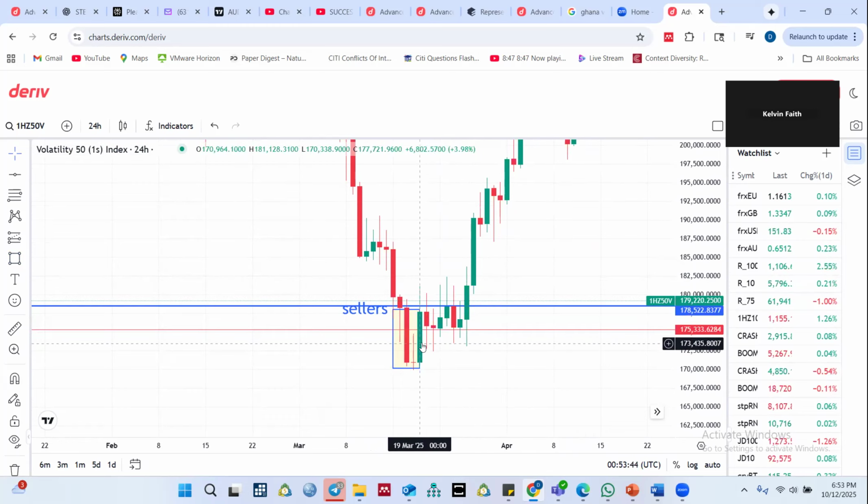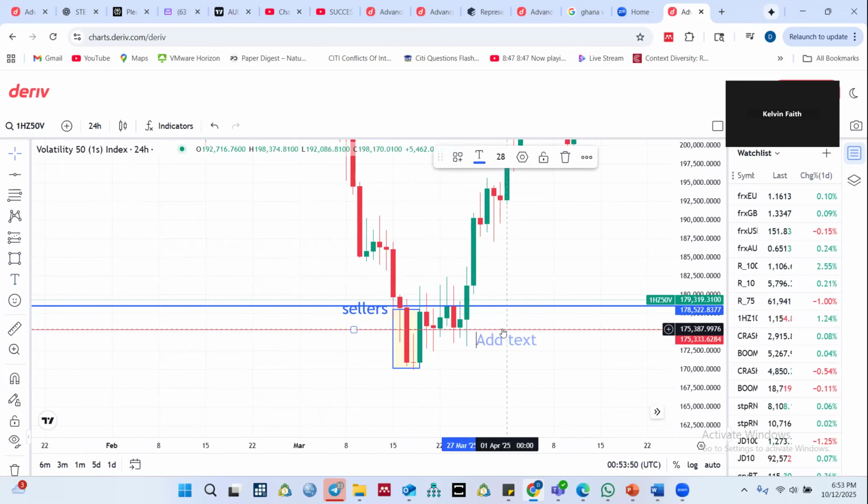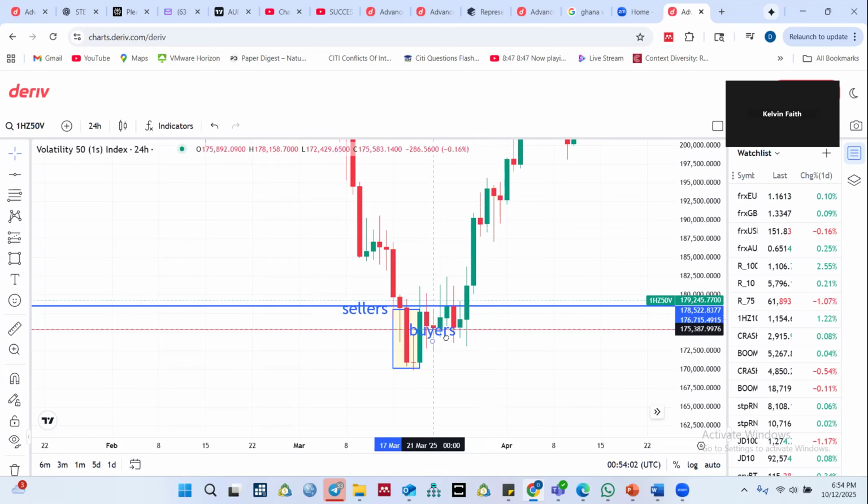So the concept here is that buyers are very strong around this zone, but they are only strong above the red line and also above the blue line.